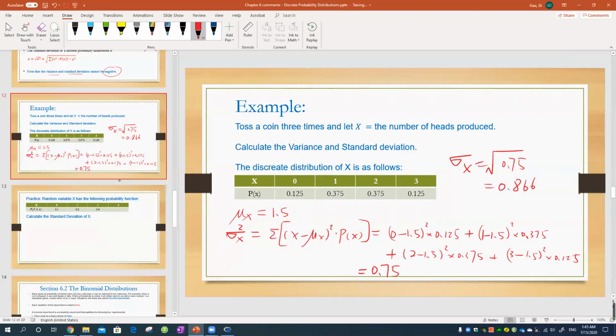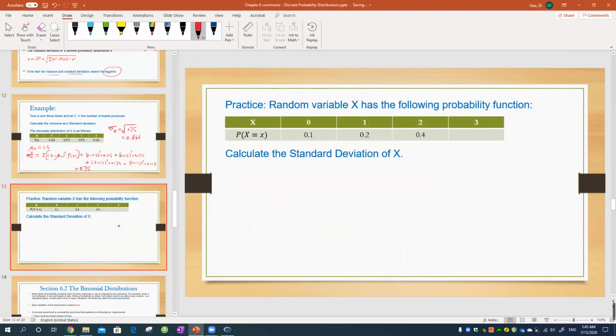Okay, now we finished that practice problem, so let's do another one using the other formula. We have a random variable x with the following probability distribution. x can take values 0, 1, 2, 3, and the corresponding probabilities are 0.1, 0.2, 0.4, and one that is not given.